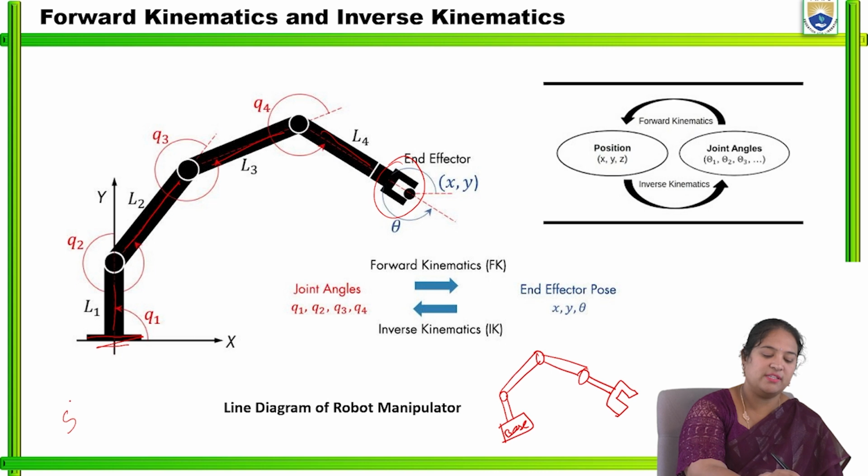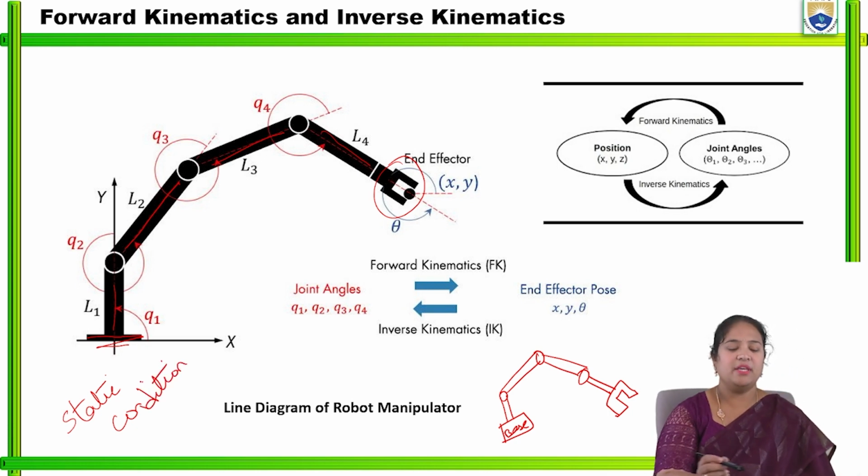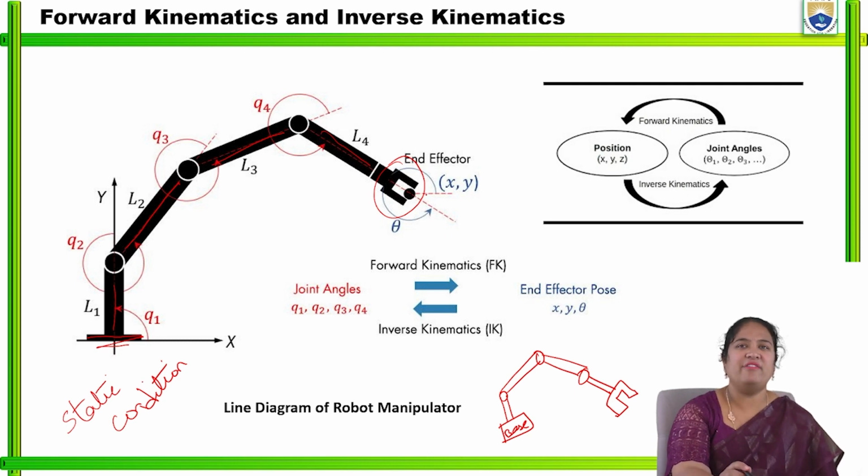When the robot is in a static condition, the base, the end effector and the links will all be in a constant position without any movement in the joints of the robot. That is, all the coordinate systems will be static without any form of movement.